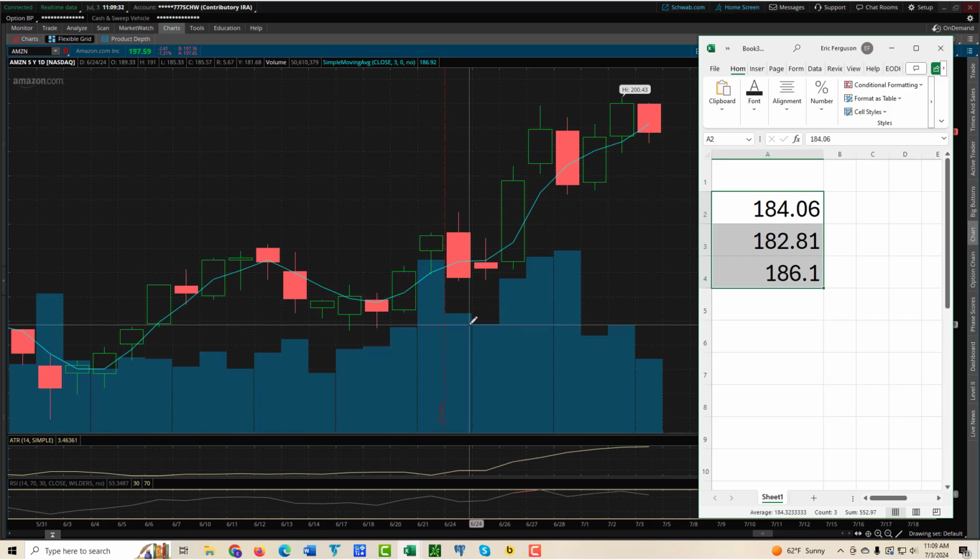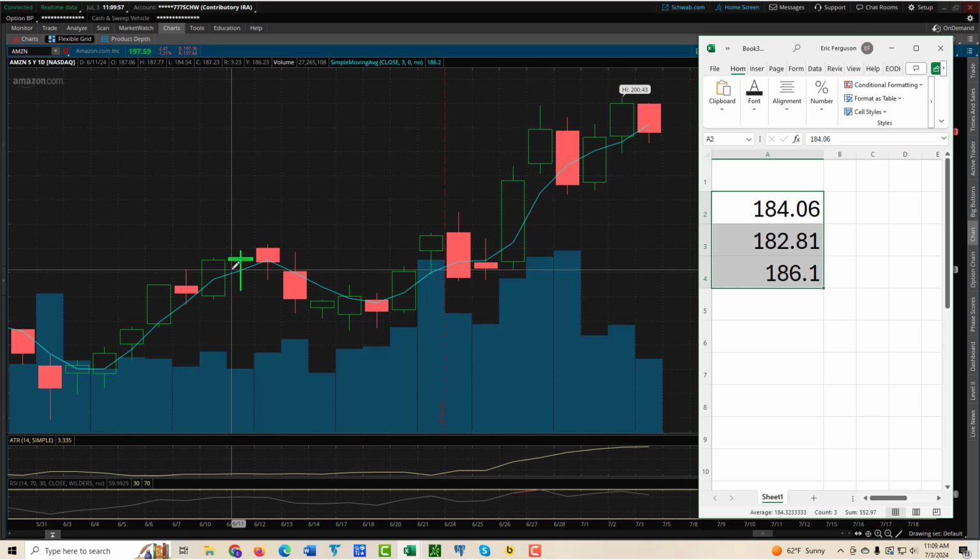That's one of the things that moving averages can tell us. They can give us an idea, based on their slope, of which way a price is trending, whether there is a trend. You can see here, the price itself is going upward and the line is also going upward.